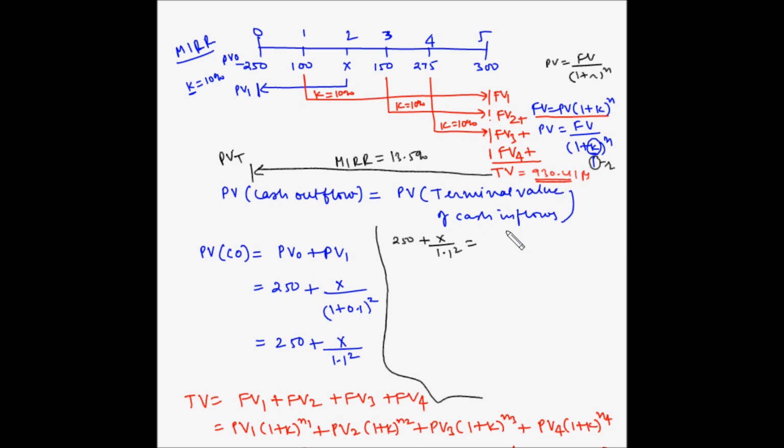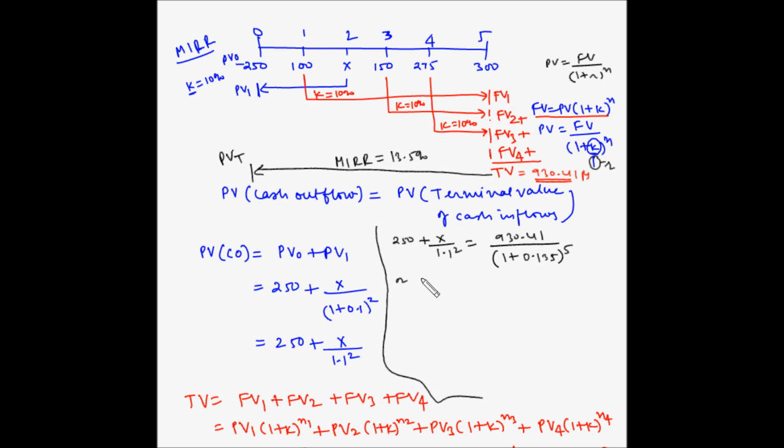Future value is 930.41, which is the terminal value, divided by 1 plus, now we know the value of MIRR, which is 13.5%. So 13.5 divided by 100. So this will be 0.135. And this to the power n. So this is being discounted. The terminal value is being discounted for 5 years. So we have to solve this equation for x.